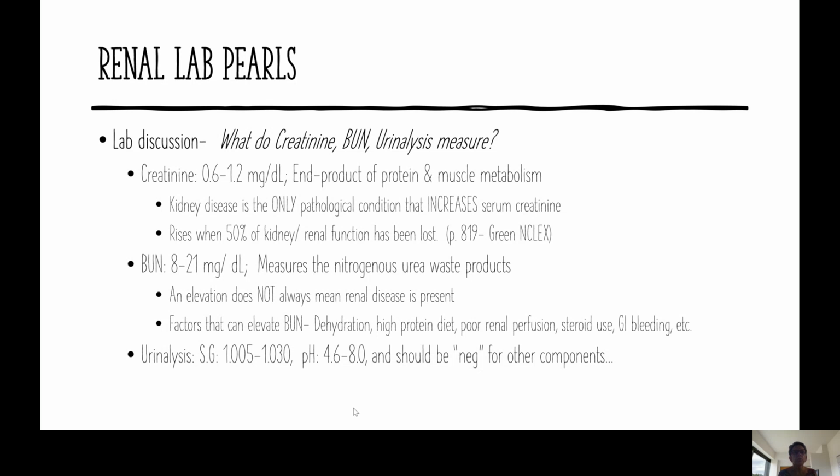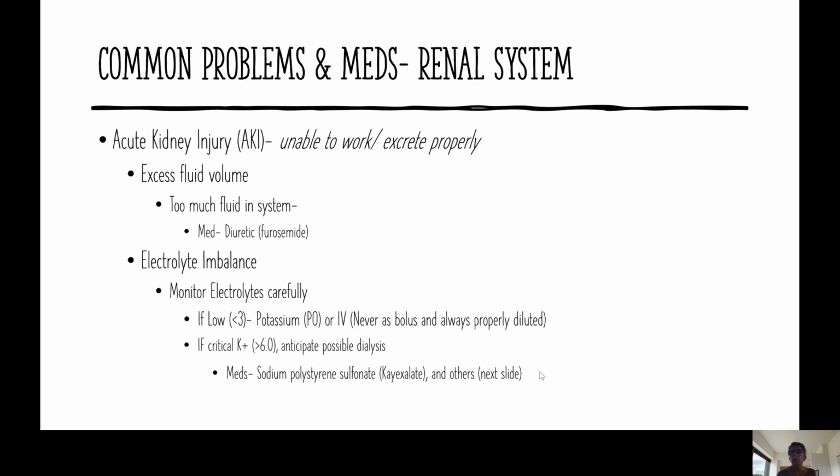So acute kidney injury is when the kidney is unable to work or excrete properly. As a result, there's an excess fluid volume that builds up because the kidneys are not able to filter properly, so they cannot create enough urine.